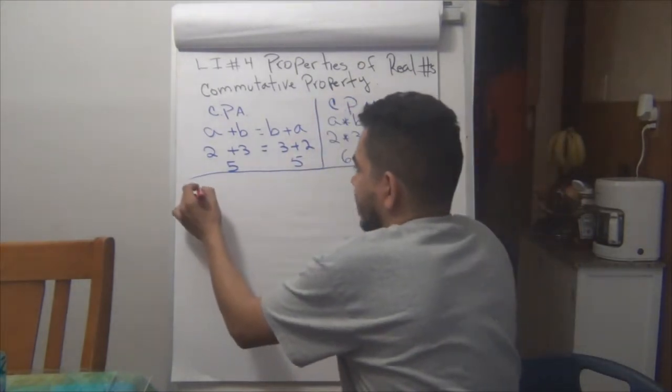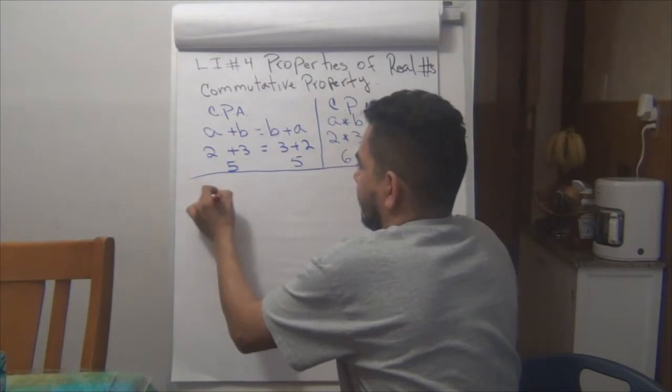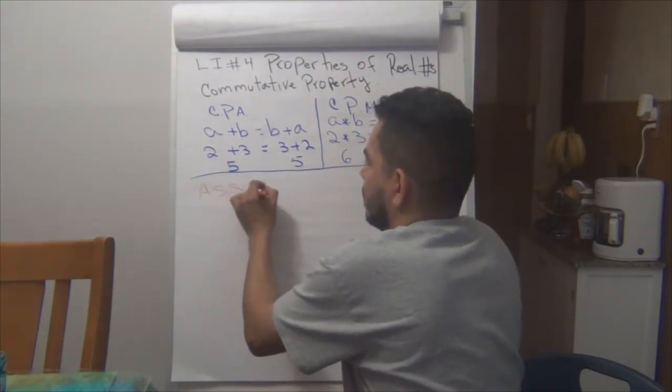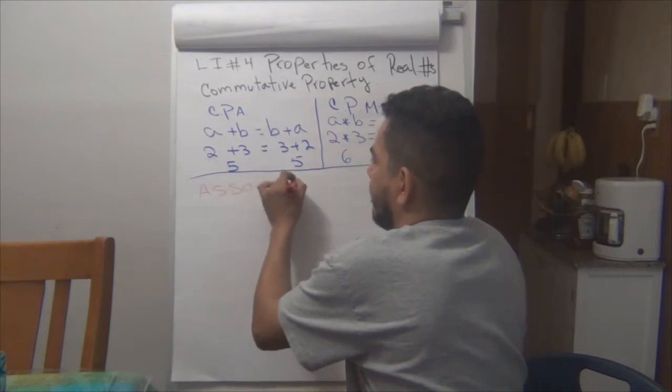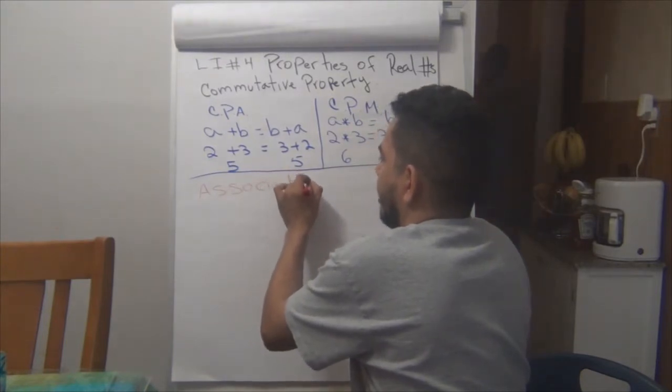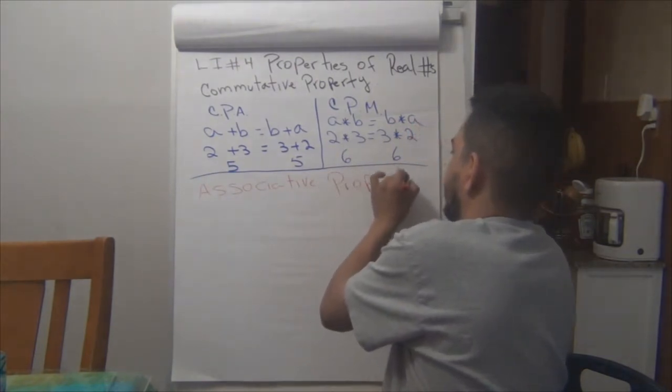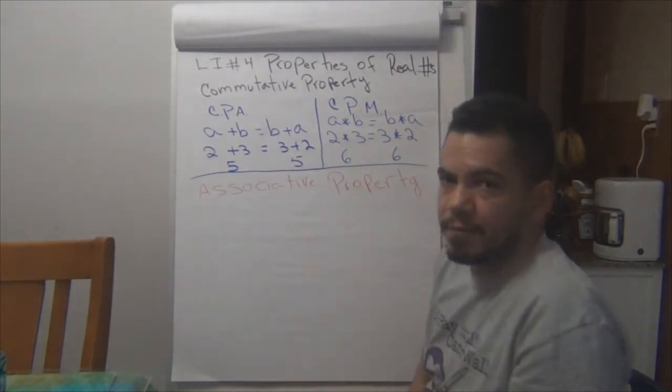So, associative property. How do you write associative? Associative property.